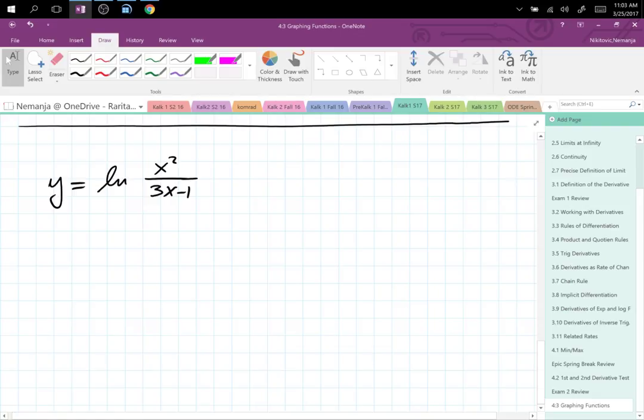The first issue is the domain. We know that ln x has domain 0 to infinity, with 0 not being included. So now this, I think, preserves the domain because it has a double vertical, nice.